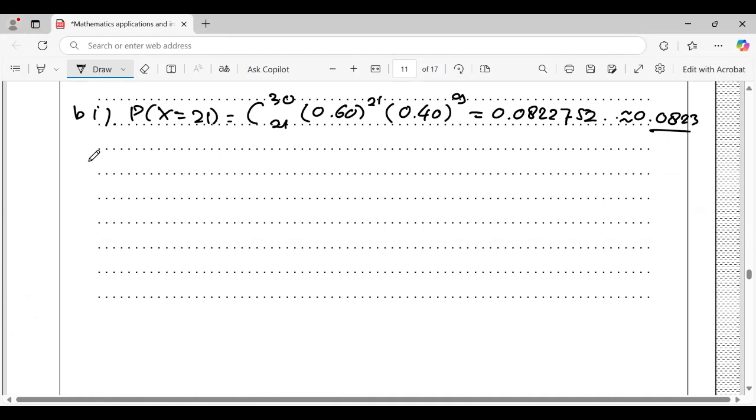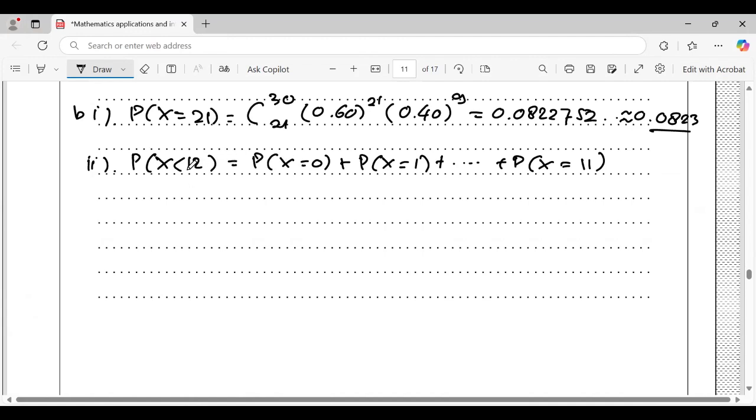And after that, less than 12. We use the formula probability X equals 0, probability X equal 1, until probability X equal 11 because less than 12.